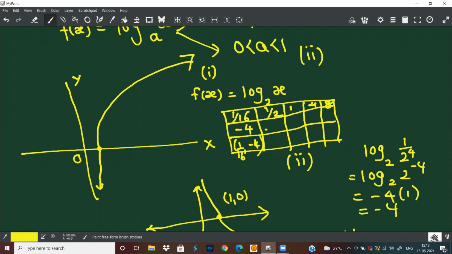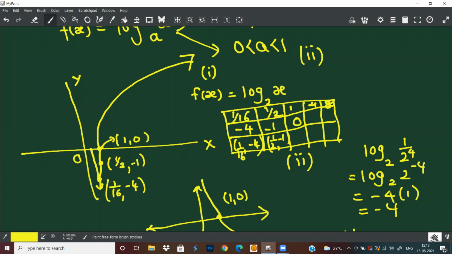Similarly, half will give -1. See, if this is my 1, then 1/16 is over here, so this is (1/16, -4). After that comes (half, -1). Log of 1 to the base 2 is 0, so this is the point.